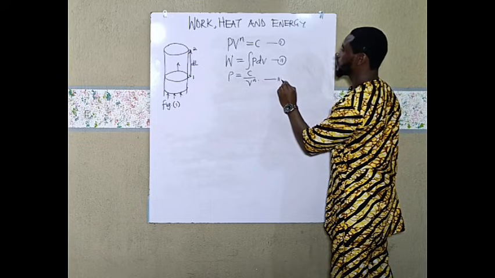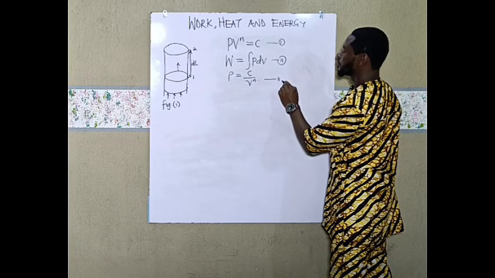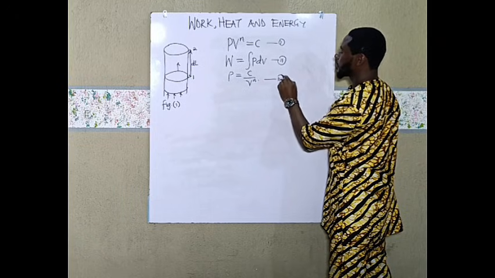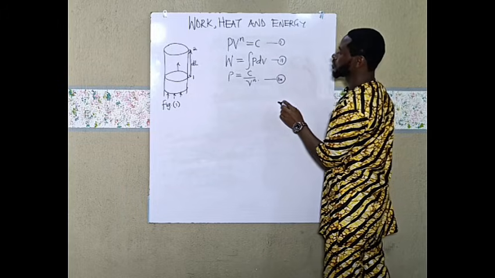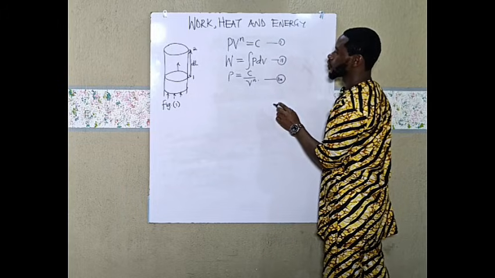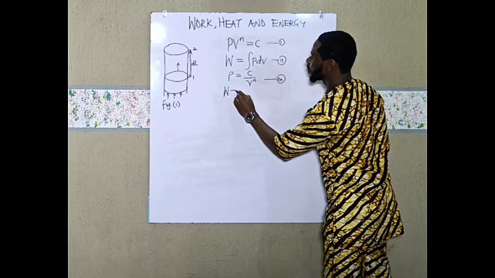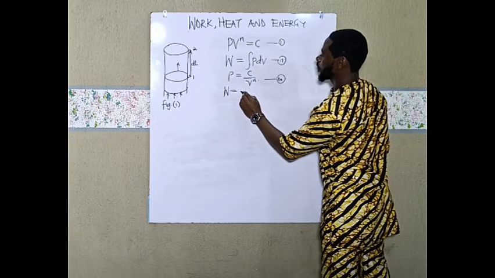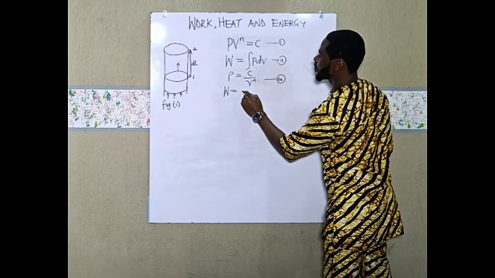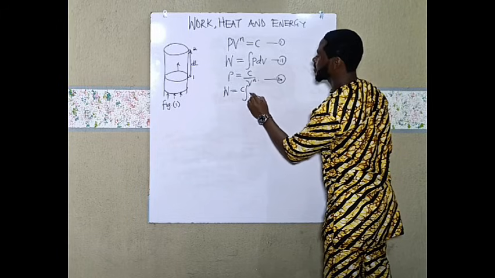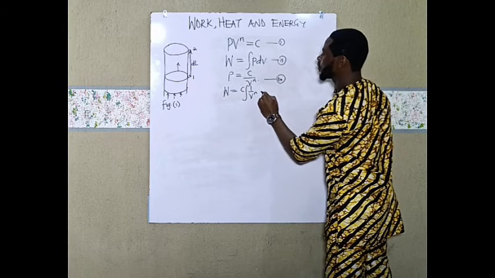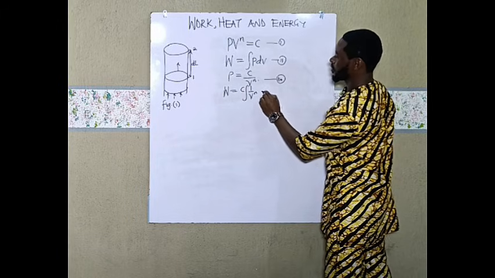Then substituting equation 2a in equation 2, the work done becomes C integral 1 over V raised to the power of n dV.